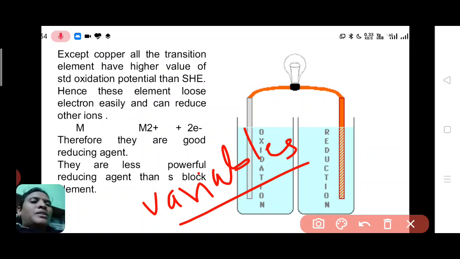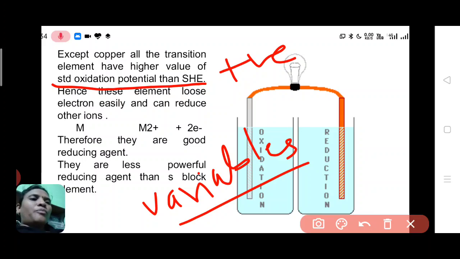Then d block elements are good reducing agents because they lose electrons, because they show oxidation reactions easily, and their oxidation potential is higher than SHE. Higher oxidation potential means all the oxidation potentials are in positive sign. That's why all the d block elements can show oxidation reactions, except which element?